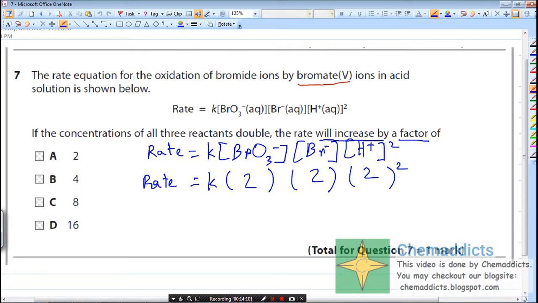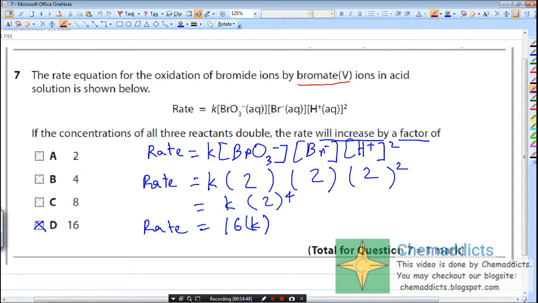So we get 2 to the power 4, and finally the answer 16k. Since k is a constant, we leave it like that. So D is the answer to this question.